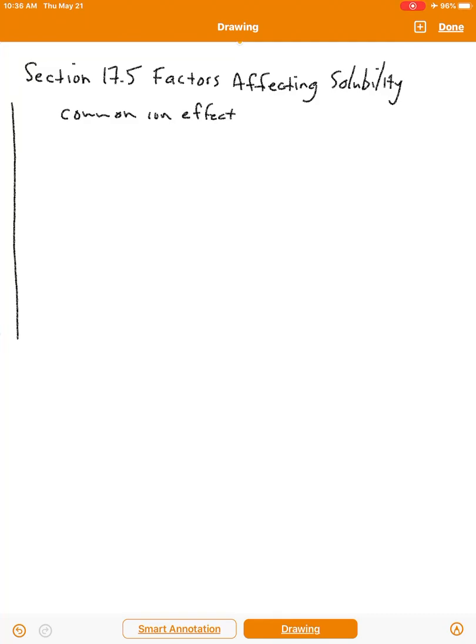So I'm going to take the example of silver chloride. Silver chloride has a modest solubility. It's pretty low in water at room temperature. The KSP, we can look that up, and it's 1.6 times 10 to the minus 10.